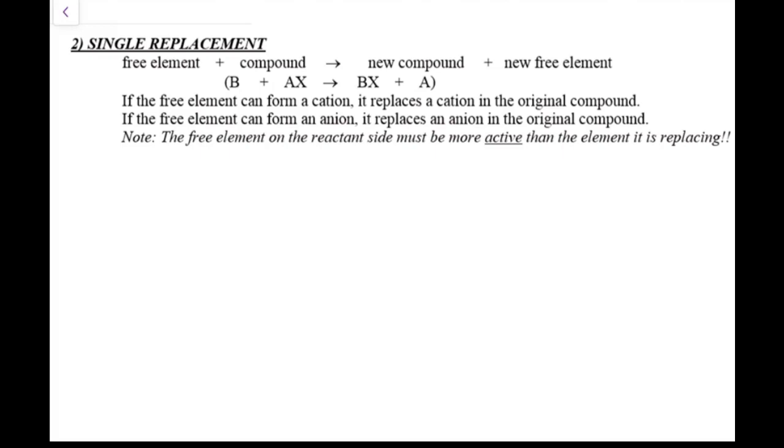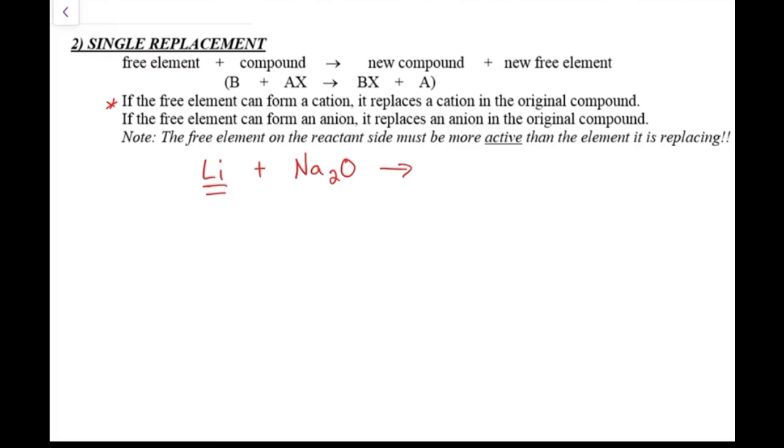Well, I'll go over an example of the first type here. If the free element can form a cation, it replaces the cation in the original compound. So for example, if I have lithium reacting with, let's say, sodium oxide. The reason that this is the first example, if the free element can form a cation, is because lithium is a metal.